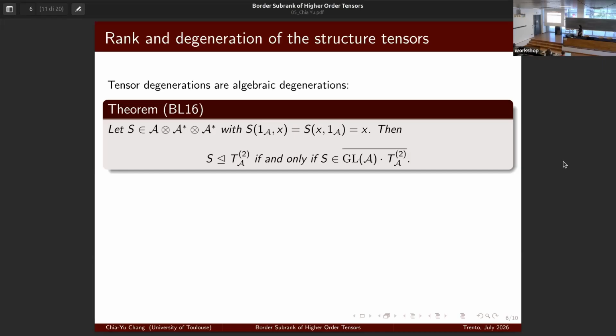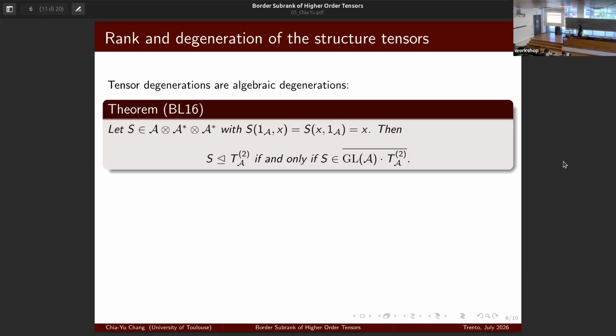It states that if we have a tensor S in A tensor A dual with the unity property, that means the unity, the 1 in the algebra A, satisfies S of 1, x is equal to S of x, 1 equal to x, then the degeneration is equivalent to the algebraic degeneration.